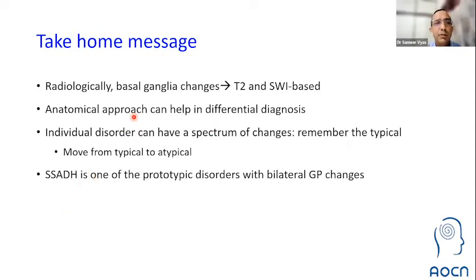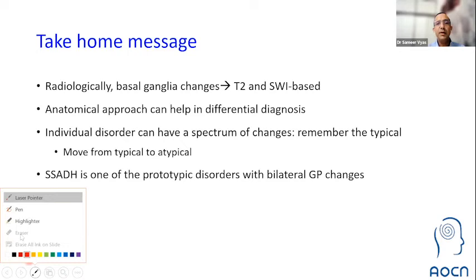Santosh, you nicely described the case, but in contrast to the first case, the findings in this case were not classical of what is described in the literature. But as we go by the case, if we follow the patterned approach, then we can reach a particular disorder.